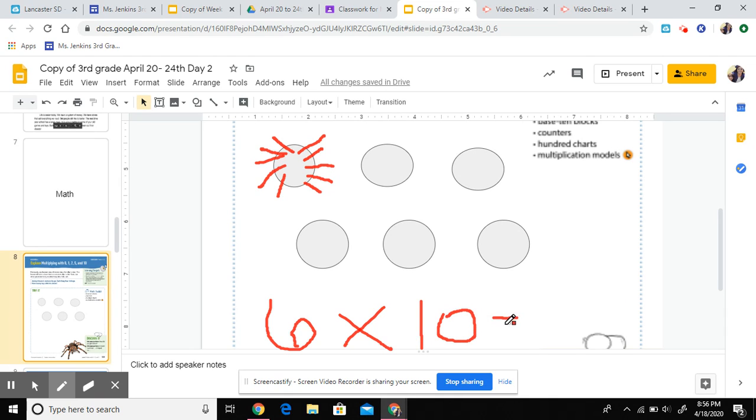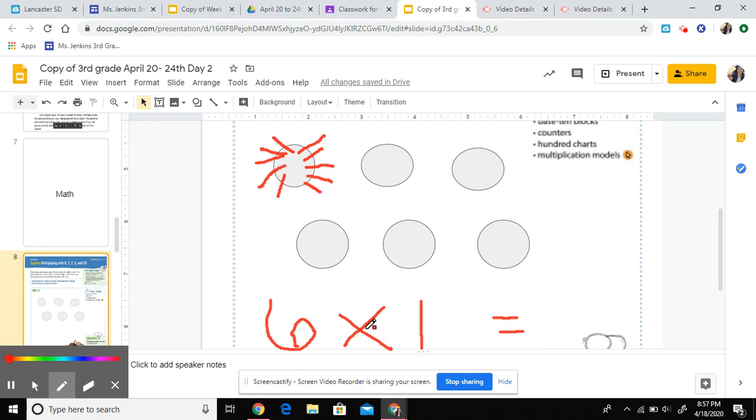So you can always do it by counting, skip counting by tens. 10, 20, 30, 40, 50, 60. Or you can think of it this way, and I know I showed you this. Remember, 1 is a mirror.